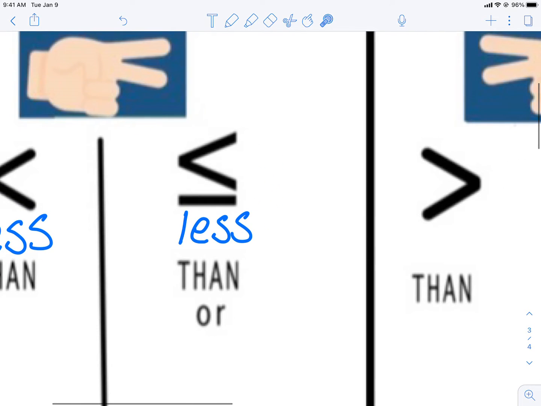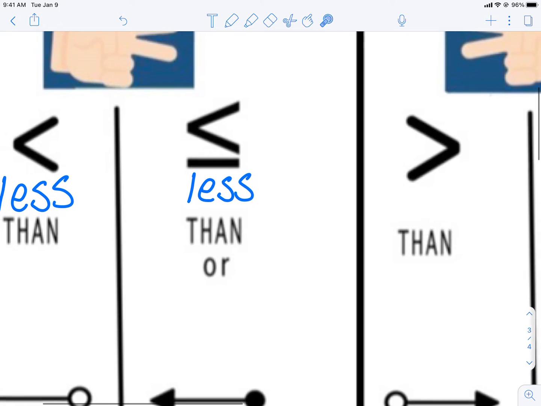Now this one is also less than, right? But if you notice, this one doesn't just have an arrow. This one has a little dash under. That's half an equal. So this one is less than or equal to.